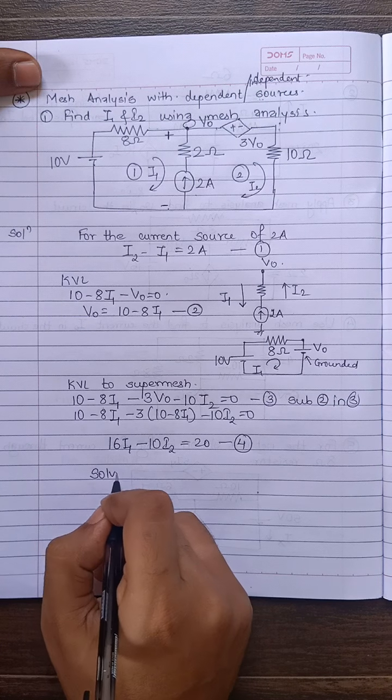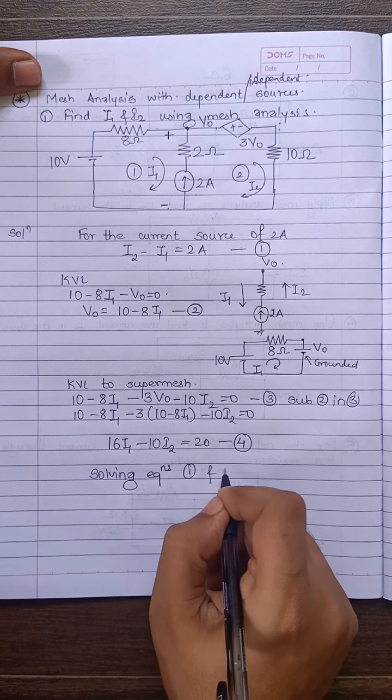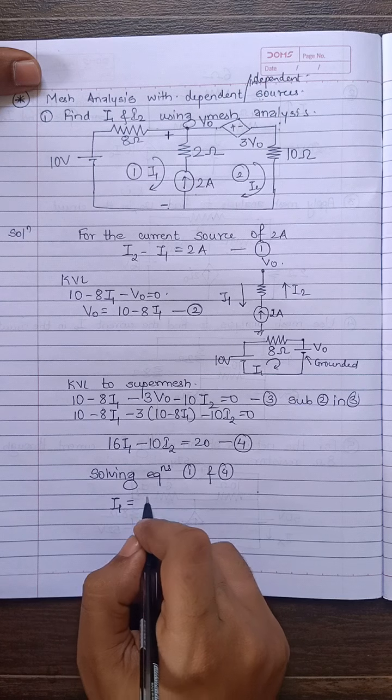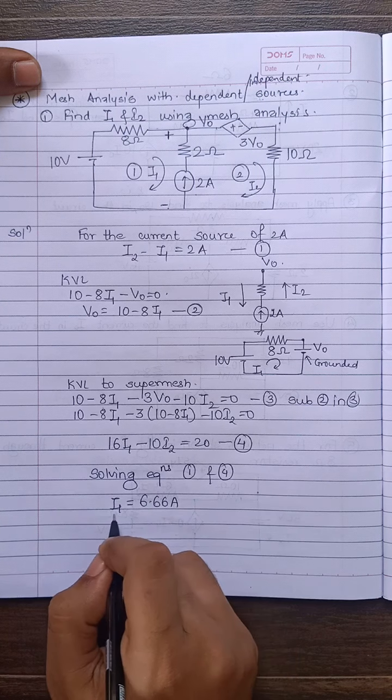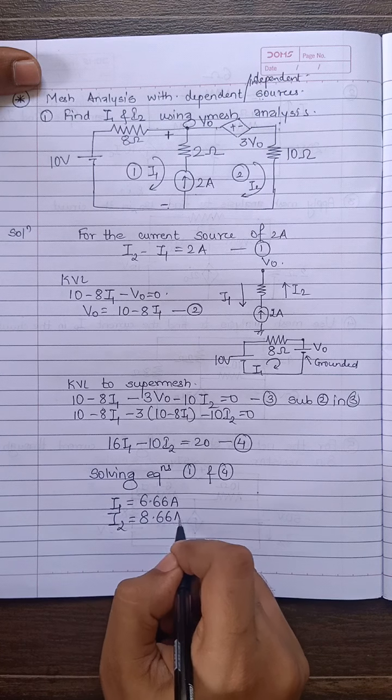So solving equations 1 and 4 simultaneously, I'll get I1 as 6.66 ampere and I2 as 8.66 ampere.